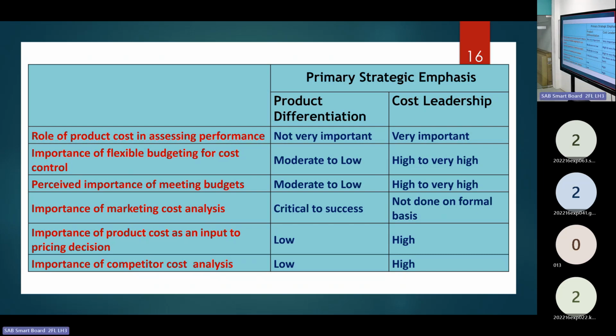Then there is the management accounting perspective again, the cost information perspective: the role of product cost in assessing the performance. Product differentiation, which is not important, right? Because you are adding some features that the customer values, so your cost may increase, so you charge a premium price.